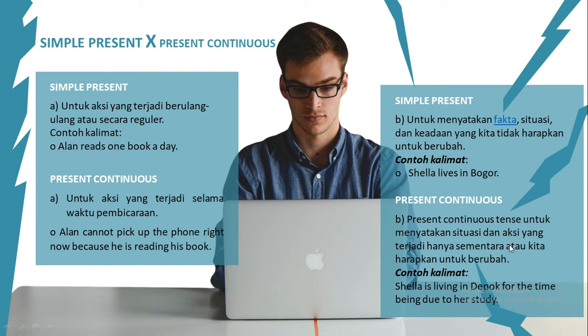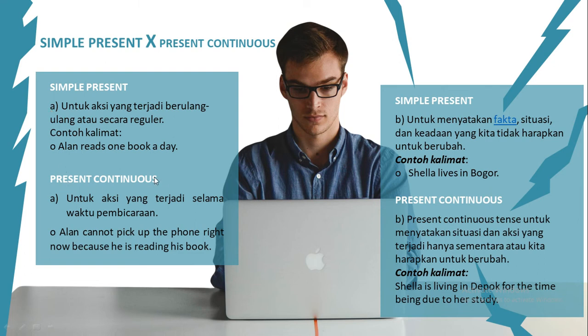So, what are the differences between simple present and present continuous? Here we have already provided the differences between the two tenses. The first difference: the simple present is a repeated activity. We always do that activity again and again and again, for example, your habit.